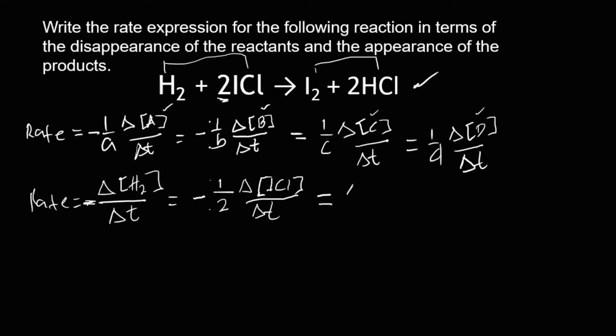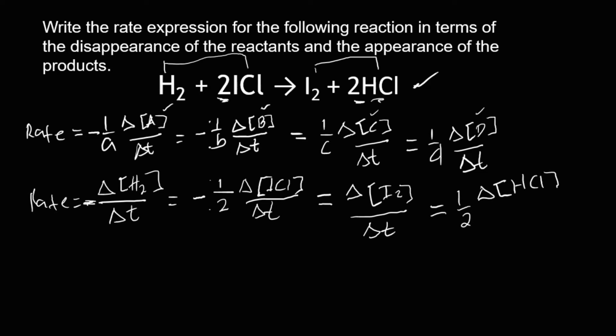So we write change in I2 over change in time, equals, we have 2 moles of HCl, so instead of 1 over 1, that will be 1 over 2, change in the concentration of HCl divided by change in time.